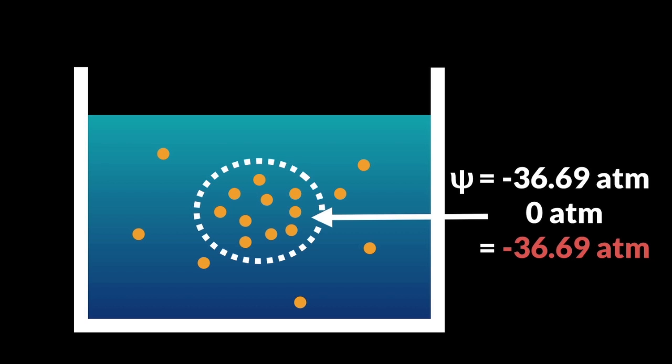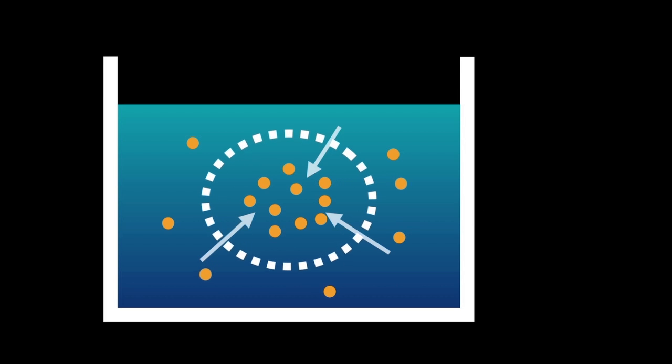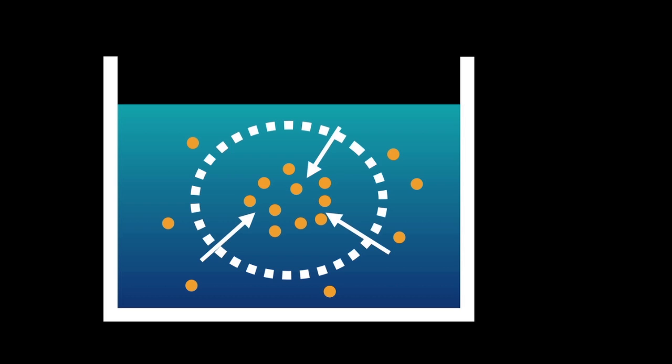We've calculated the water potential both outside and inside the cell. Remember, water always moves from areas of higher water potential to lower water potential. Since the outside solution has a higher water potential and the solution inside has a lower water potential, water will move into the cell.